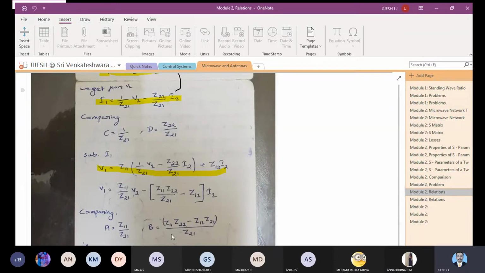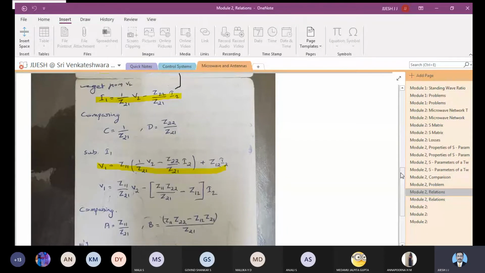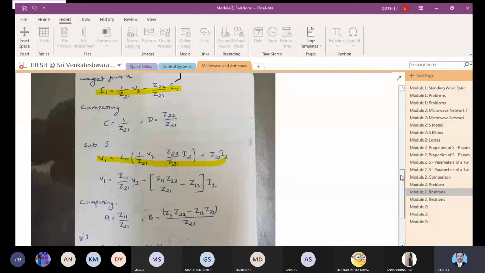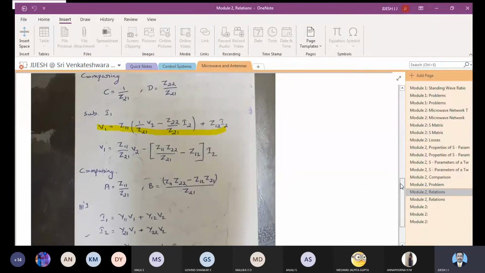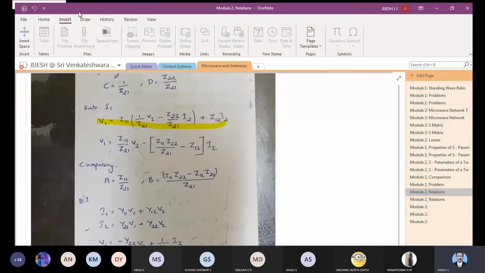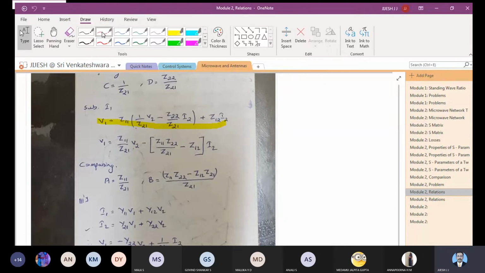Yes, sir. So it's pretty clear for all of you how these things are interrelated, and then let us move further and check how Y is going to have an impact. So, admittance. We have the equations for Y, and we can write them as I1 equal to Y11 V1 plus Y12 V2, and I2 equal to Y21 V1 plus Y22 V2.